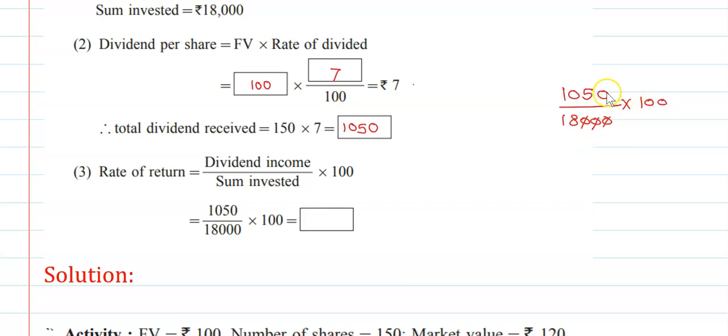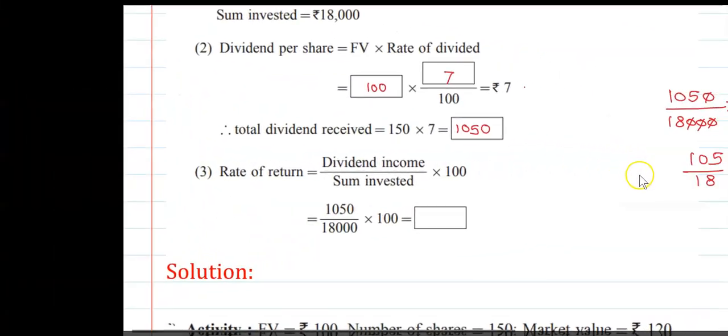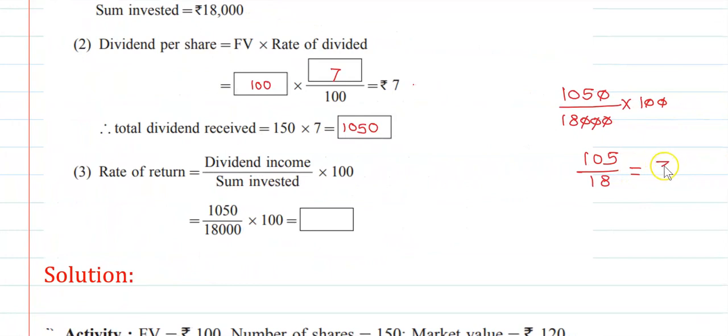Cancelling by 10, 105 upon 80. 3 ने पण तुम्ही इथे डिव्हिजन देऊ शकता, सिम्प्लिफाय करू शकतात. Okay. 35 upon 6.